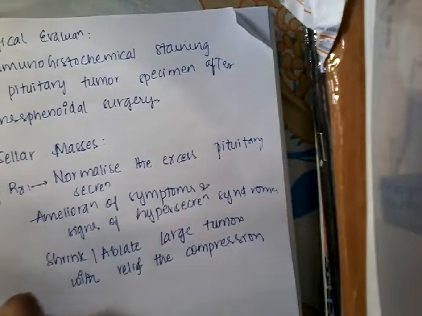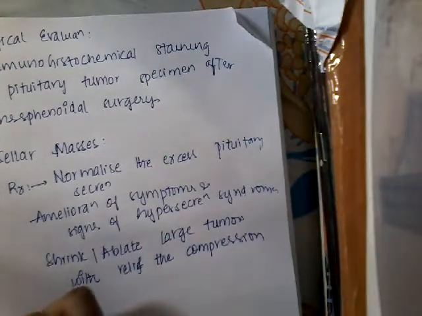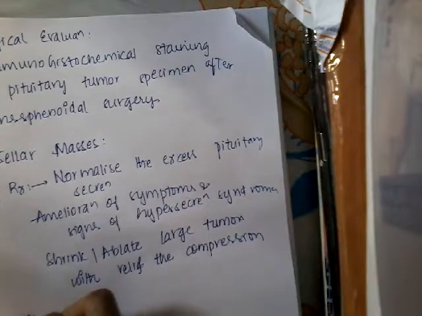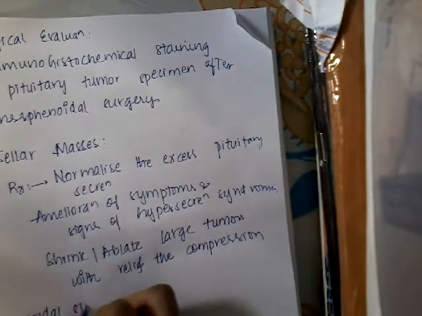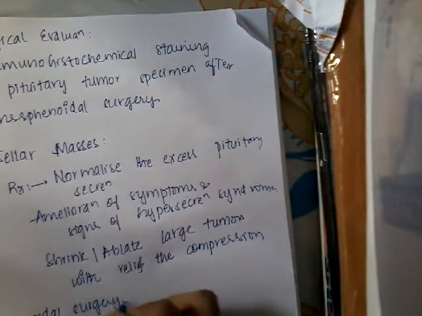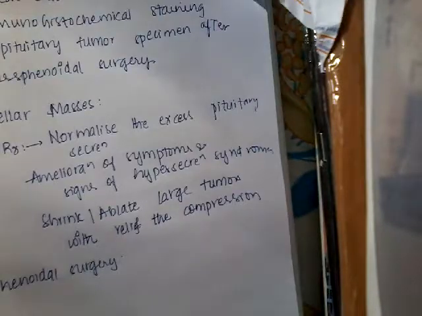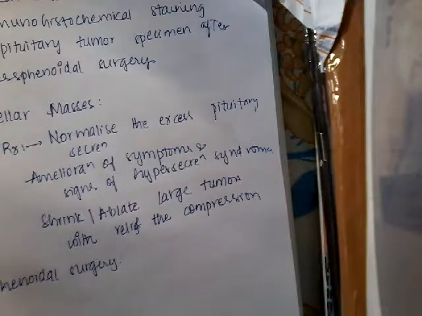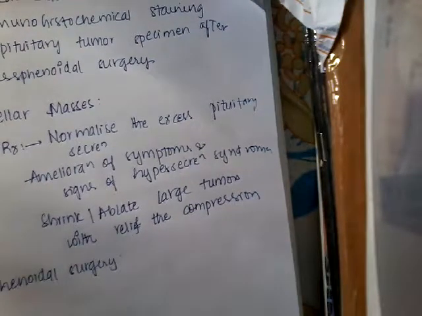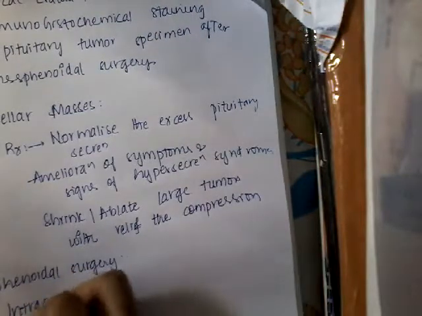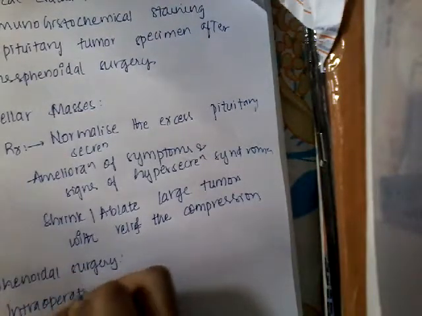So first, surgery is the best. In them you can do transsphenoidal surgery. So here, through the transsphenoidal route, you approach the tumor, and then you can also do intraoperative microscopic evaluation in the middle of the operation.